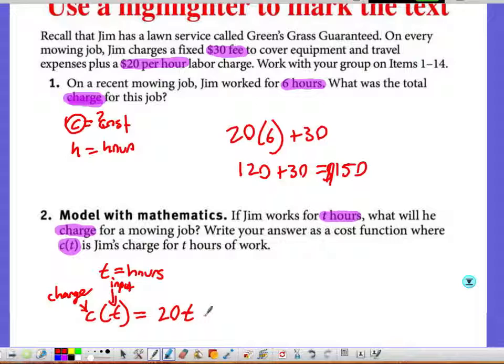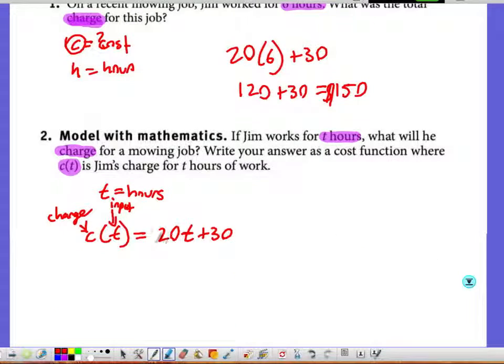So 20 times T, and then remember your fixed cost, which is $30. There you go. So T, whatever's in parentheses, is going to be your variable. And C, well, that's going to be your output. That's what you want in the end. Since in the whole question we're looking for the charge, that is represented by the letter that is on the outside.